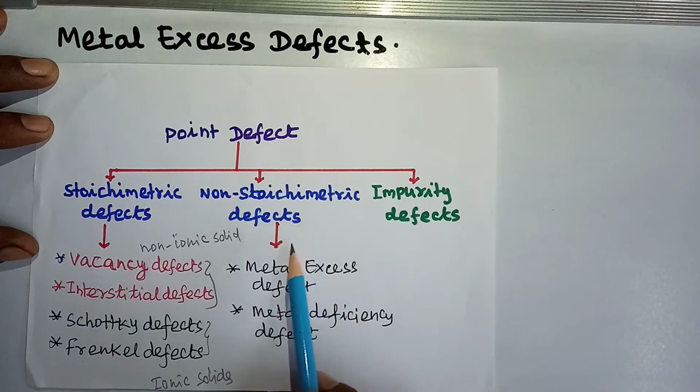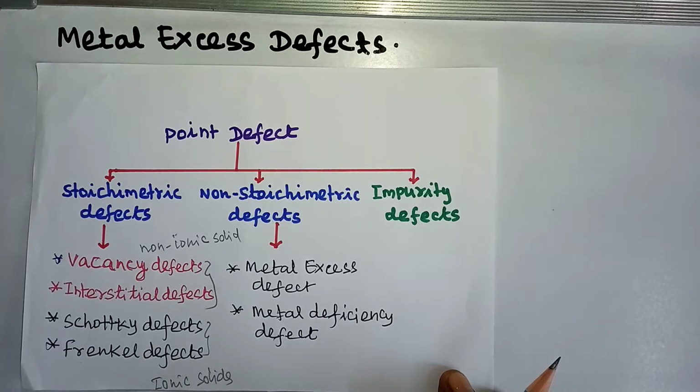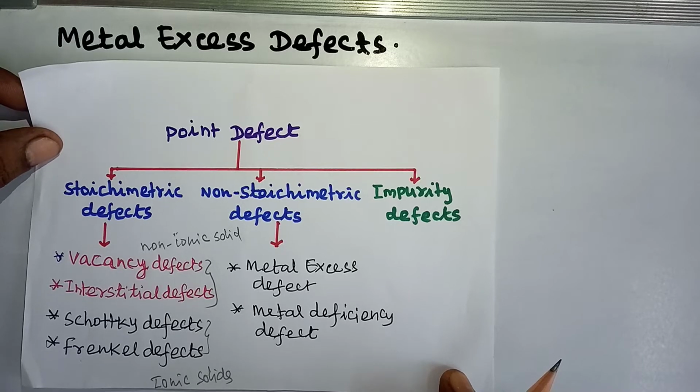The non-stoichiometric defects are further classified into metal excess defect and metal deficiency defect. Today we are going to discuss metal excess defect.